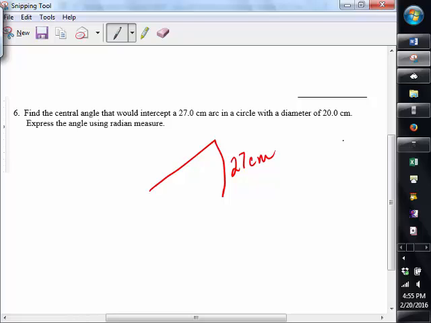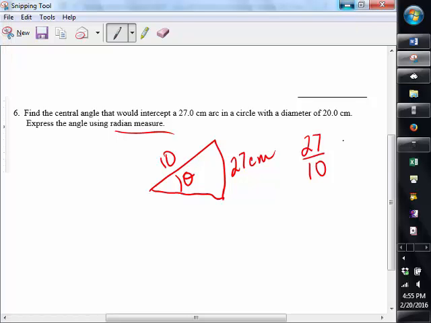The diameter is 20, so the radius would be 10. And we want to know what theta is in radians. So it will be S over R, 27 over 10. And we get 2.7. I don't need a calculator for that.